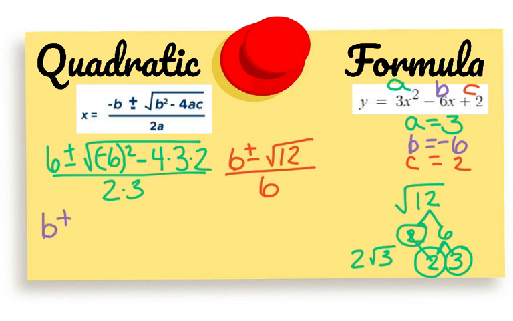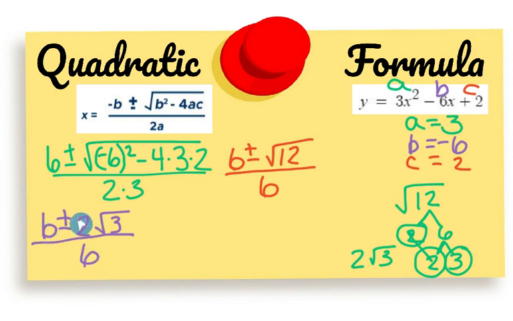Right, what we have here now. So we have 6 plus or minus, remember, we said square root of 12 is the same thing as 2 square root of 3, all divided by 6. Now let's see if we can simplify this first of all in any way. I have 2 square root of 3 and a 6 here. Let's look at our nice whole numbers. My whole numbers are 6, 2, and 6. Is there anything I can divide all of them by?